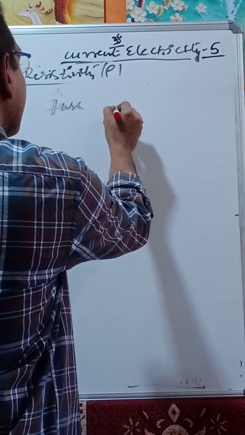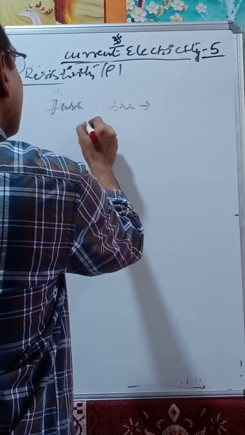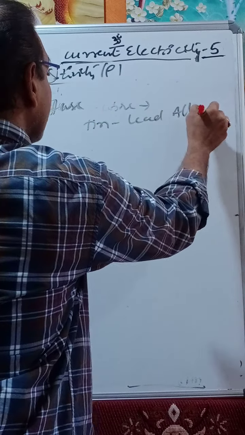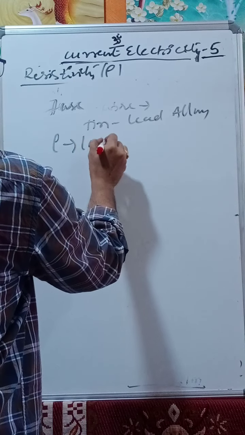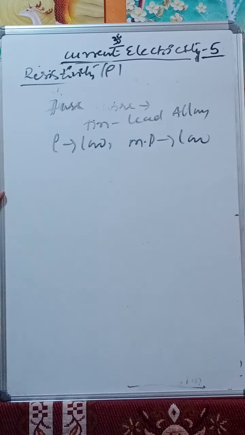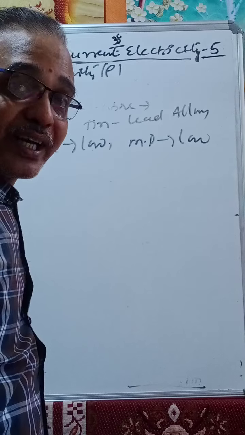A fuse wire, a tin lead alloy, should have very low melting point and very low resistivity.